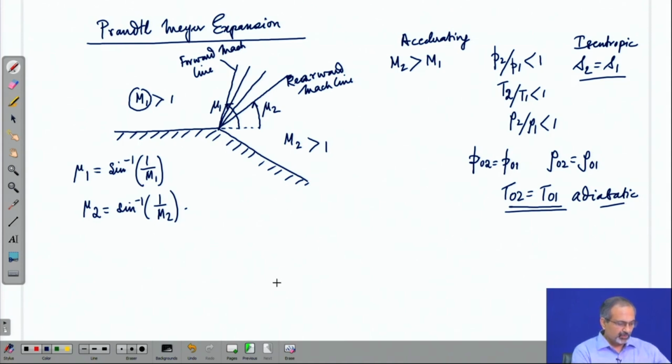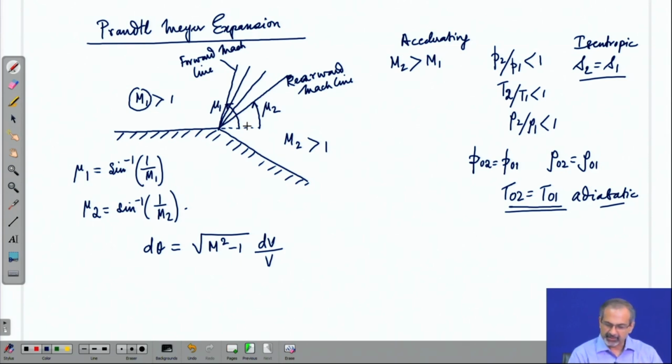Now, we go to a relation which gives you a connection between a differential change in the angle of inclination of that surface.